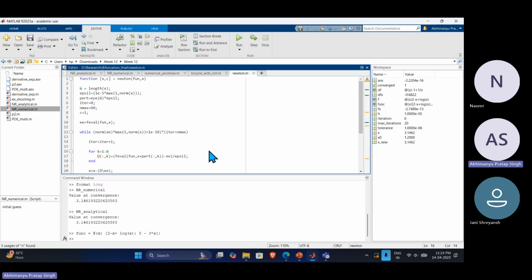Yeah, so usually what we do is that our update rule is x new is equal to x minus J inverse f of x. Now the only difficulty that we have is in calculating J inverse, because f of x is usually simple to find. x we already know, so x new we can find with that. The only difficulty is to find the J inverse, or to find the Jacobian. How do we usually find it?